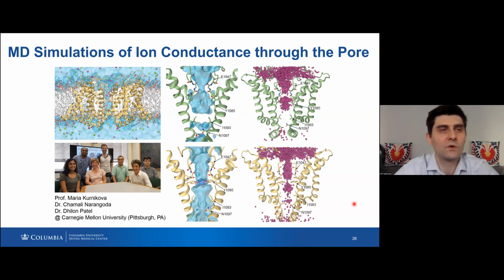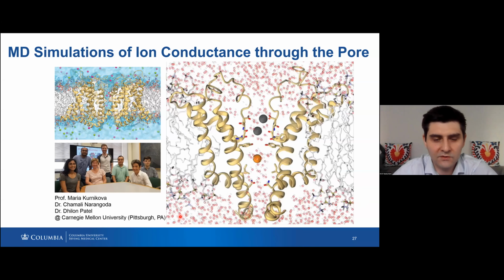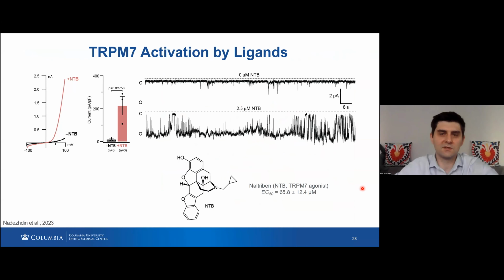So it was confirmed that what we got in Cryo-EM was indeed the open conformation. So this is again the video, but I don't think it's going to work right now. What they basically did, there's a video that shows how ions can pass through the pore under the applied voltage. Okay, so this is good, but this mutation is not physiological.